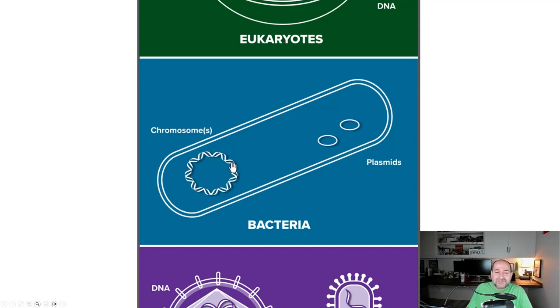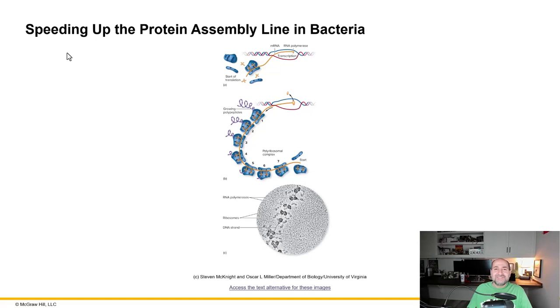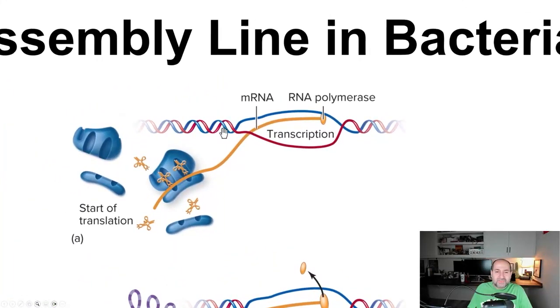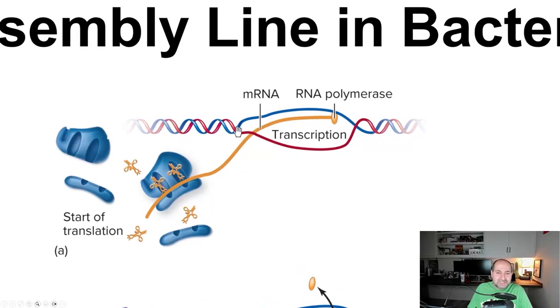So let me show you an image depicting what I'm talking about. On this slide, we have the protein assembly line of bacteria. This is what I'm talking about. Take a look here. Remember that the DNA is floating around as a nucleoid in the cytoplasm. The RNA polymerase enzyme copies a particular gene into a transcript.